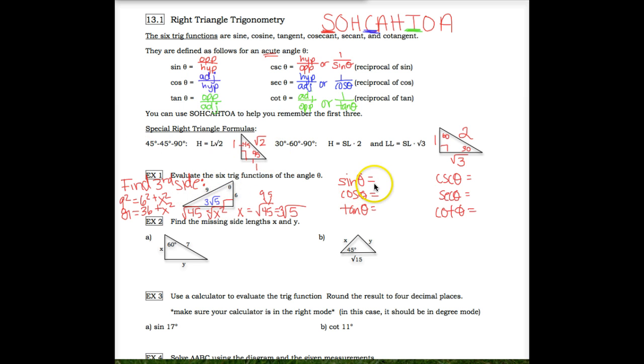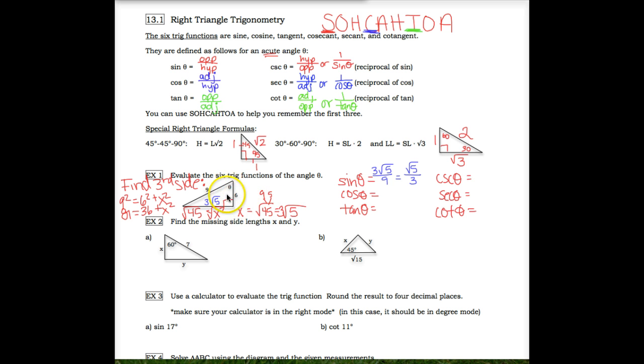So if I want to do sine of theta, here's theta. Sine is opposite over hypotenuse. So opposite means across. So 3 radical 5 over hypotenuse, which is 9. And then, of course, we would simplify. So simplified version, reduce the 3 and the 9. So radical 5 over 3. Cosine of theta.